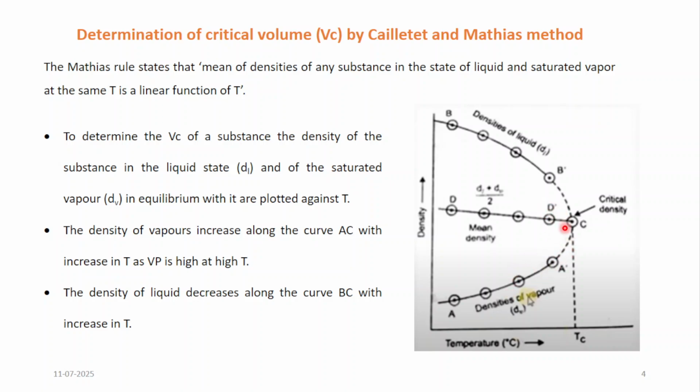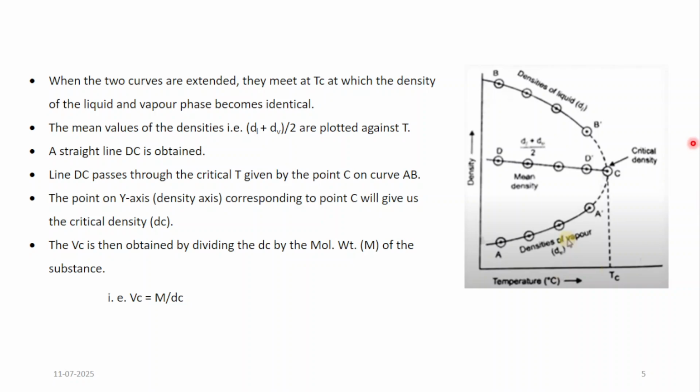So now you extrapolate this. Okay, extrapolate this, that will meet at the point C, and that is the critical temperature. Okay, where density of liquid and the vapor phase coincide. So what you have to do next, you take the mean densities of this. Suppose at this temperature density of vapor is A and density of the liquid is B. Now you take the mean, that will be D. Okay, again you take the mean of this and this, it will be this point.